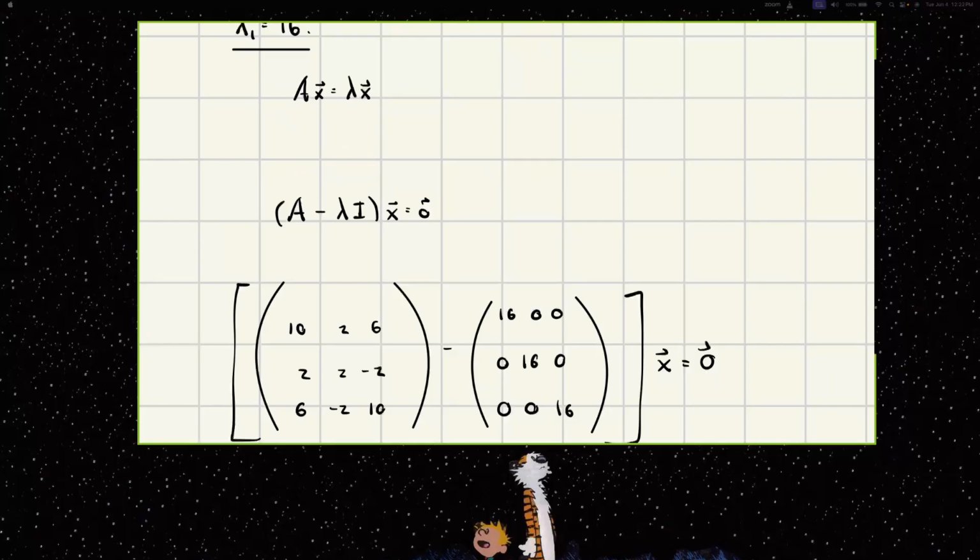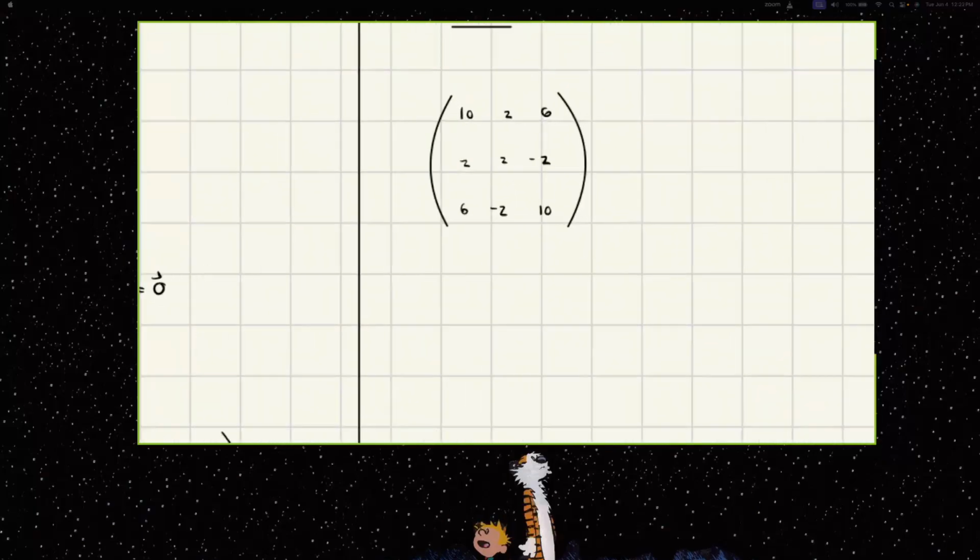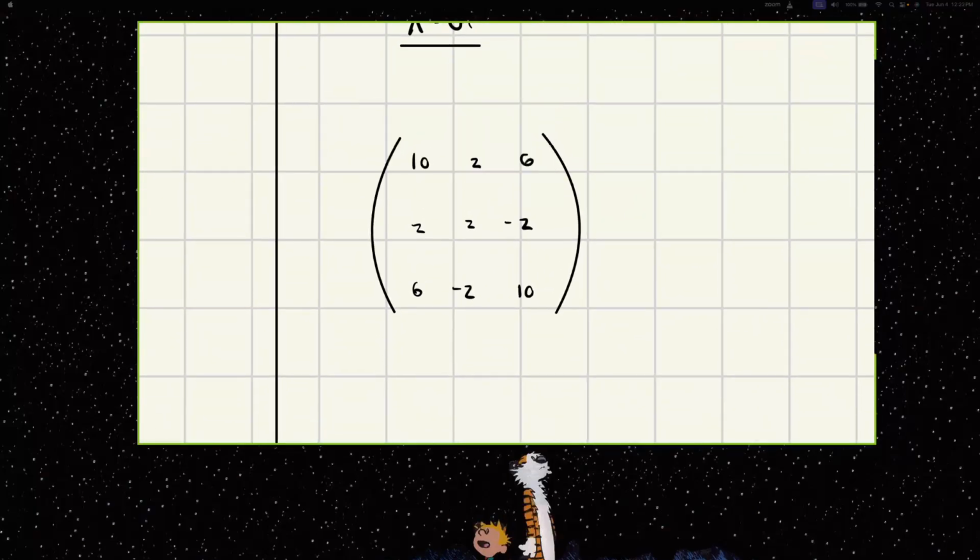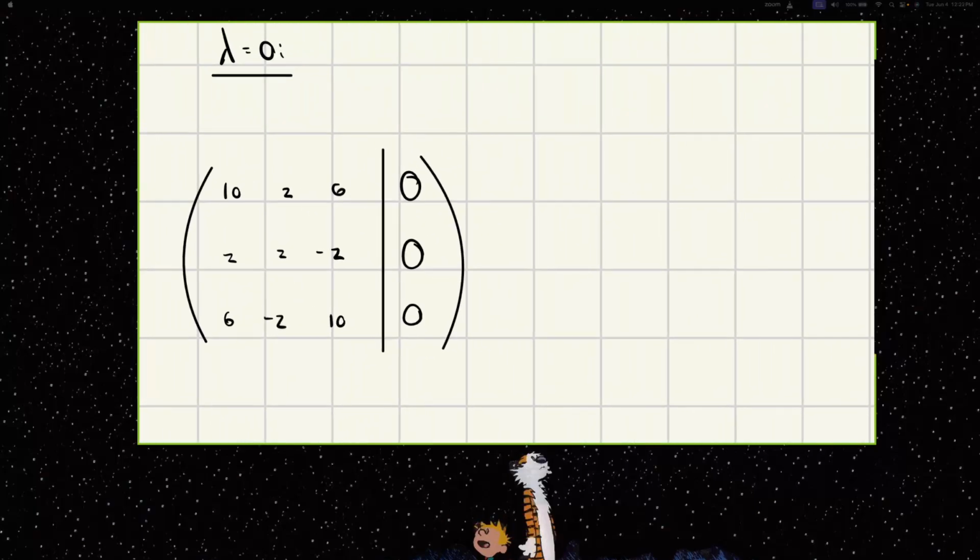That's the decomposition we're trying to do. So just remember that. So this is A transpose A here, 10, 2, 6, 2, 2, negative 2, 6, negative 2, 10. And so we'll reduce that. So I'm actually just going to get rid of this. So we'll set up our augmented matrix, 0, 0, 0. And we're going to reduce again.